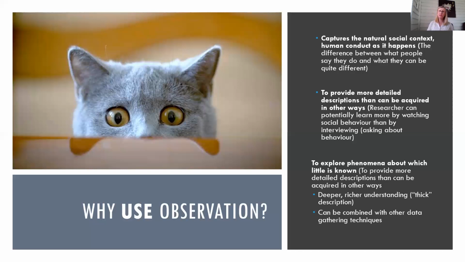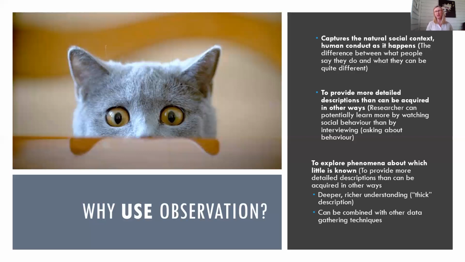Now, we can also use observation when we think about if we don't know a whole lot about a particular phenomenon, we can get a richer understanding or a more thick description of what's happening. For instance, for my PhD research, I looked at a specialty court. So I went to court every week and I sat in the jury box.